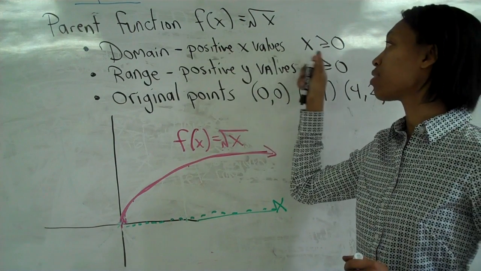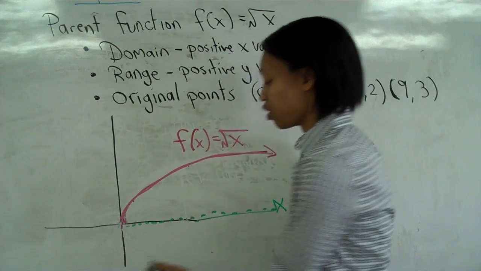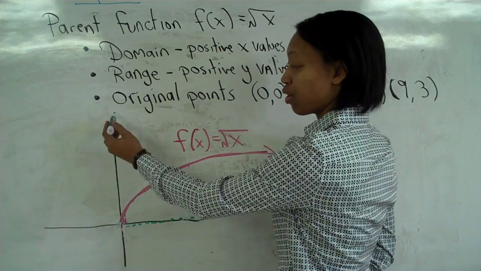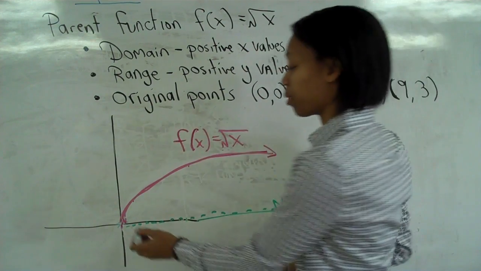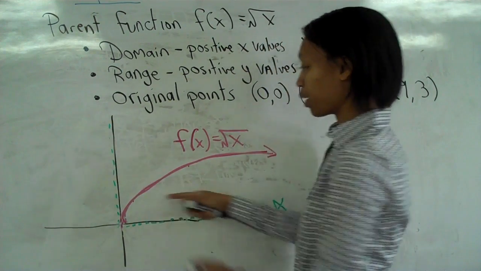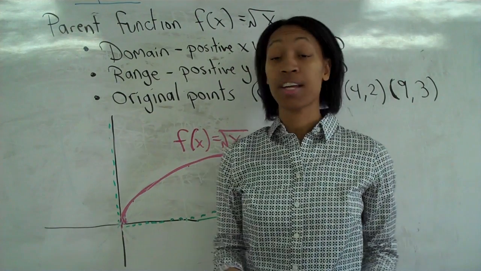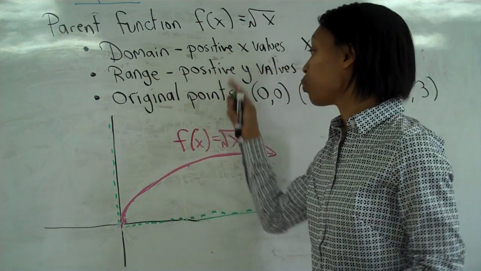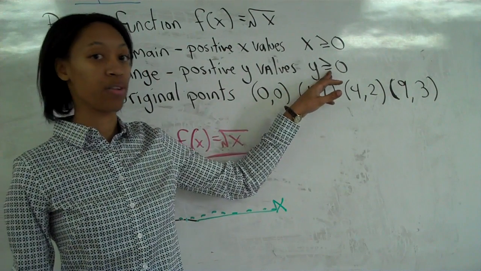So my domain is all positive numbers for x. And as far as my range, what y values are covered? Well, on my y-axis, this graph only covers from here going up, and it would go up higher and higher as this went out farther and farther, right? So the range is also going to be positive y values, y is greater than 0.